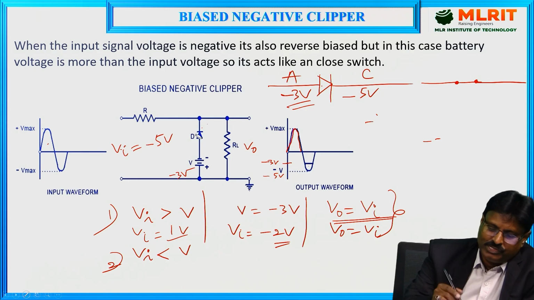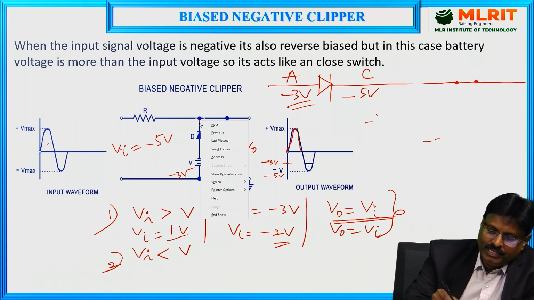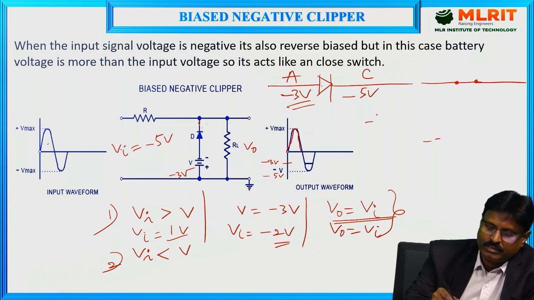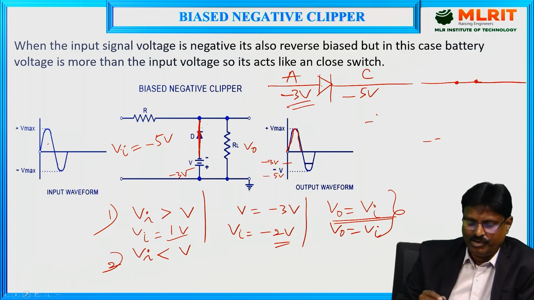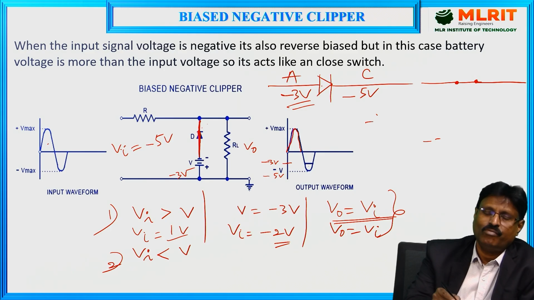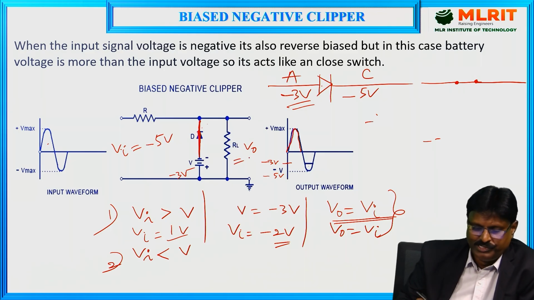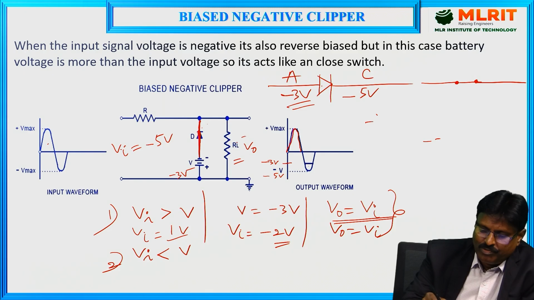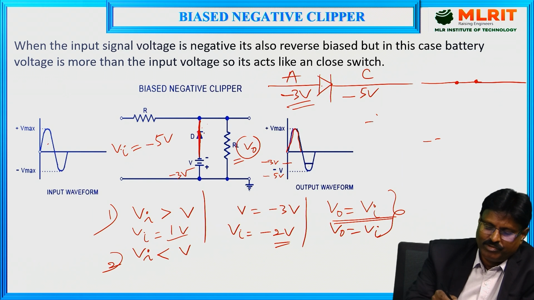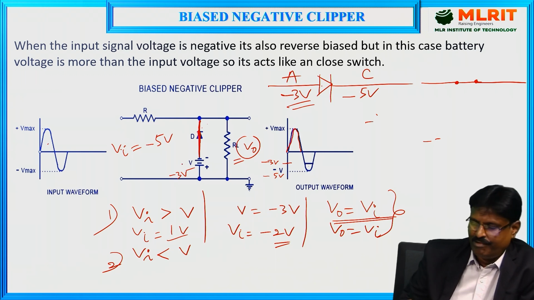The diode is forward bias, so it is represented as a shorted wire, like this. So now what will be the output voltage? RL is across this arm. What is the output voltage across this arm? That is nothing but the battery voltage.